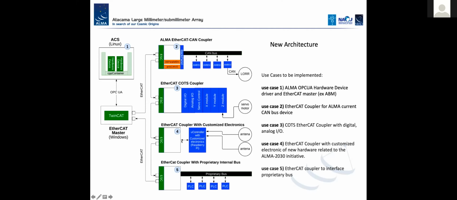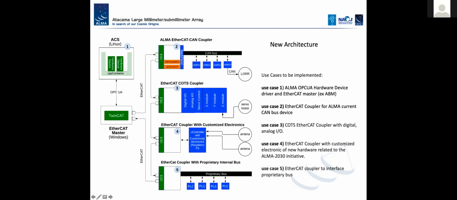And ALMA has defined a roadmap for ALMA 2030, in which we will upgrade a lot of hardware inside the antenna and in the central processing system. We don't know which protocol will be used, but EtherCAT could be a good alternative to set up the framework on which this new system can be designed.